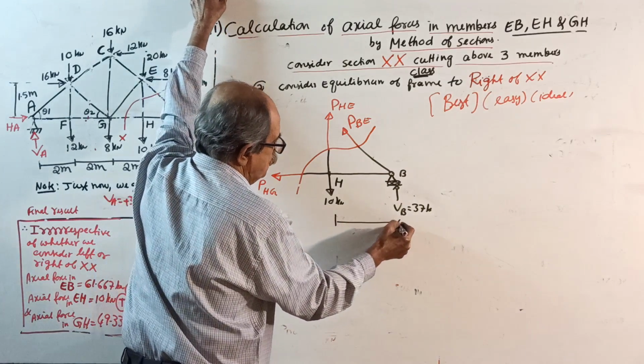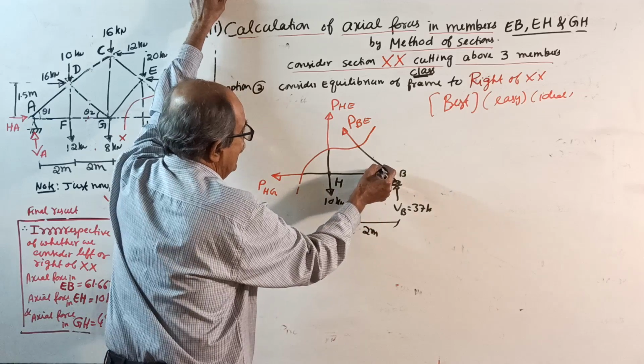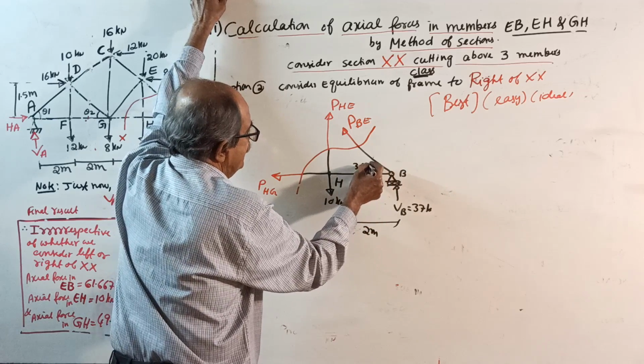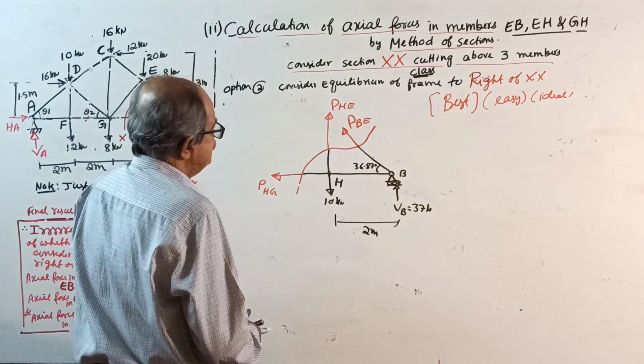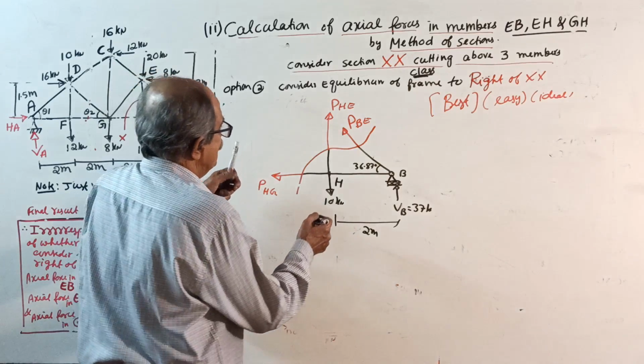This distance is 2 meters, and this angle is 36.87 degrees. Now see where the three unknowns are meeting.